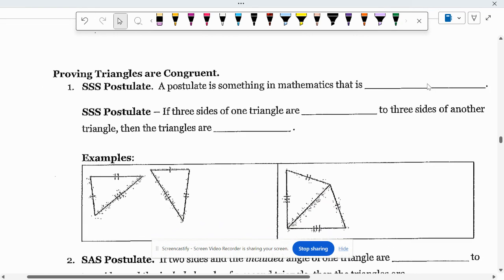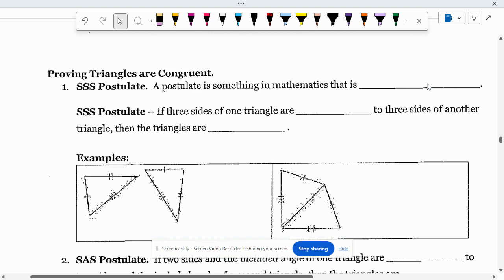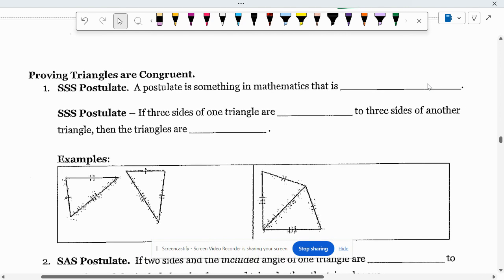So our first postulate, and someone asked me yesterday what a postulate was, and I think it was you, Tyler, and I said, it's just something that we understand to be true. And that's exactly what we're going to say.